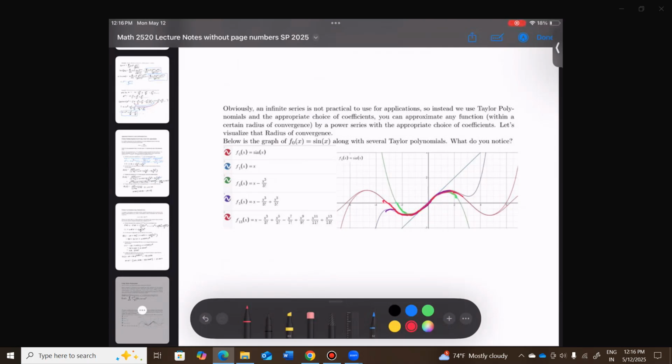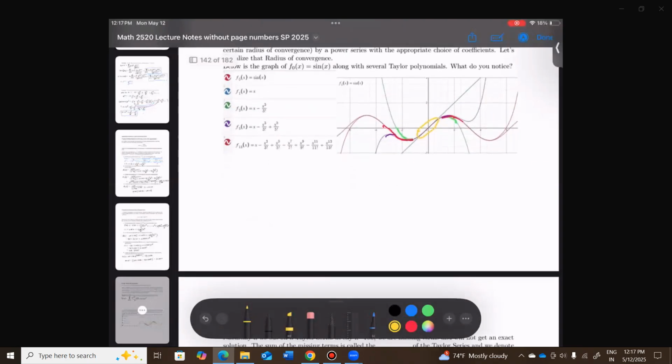So there's a section right here, yellow, where all of these are overlapping. So for right around that small area where they're converging, that's where these series give a good approximation to the function.